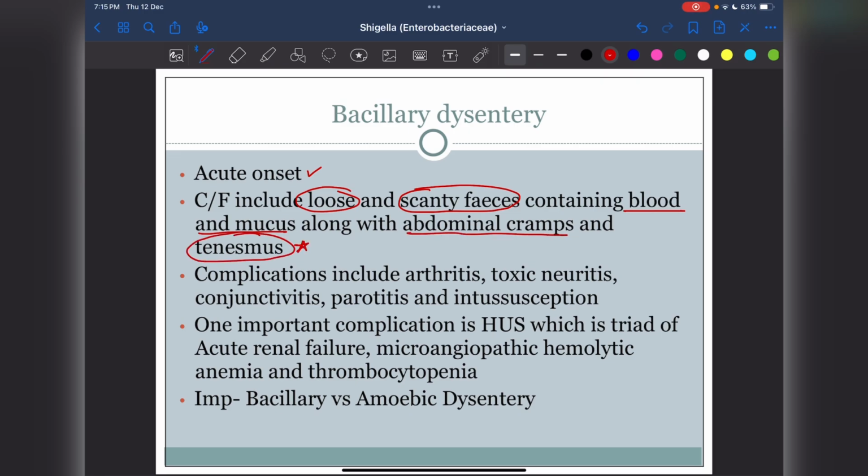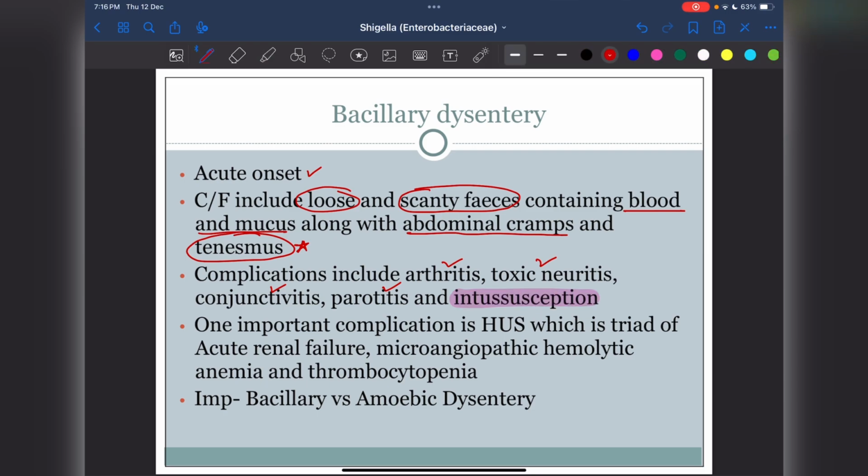If you don't know what tenesmus is, tenesmus is actually the feeling of needing to pass stools, but when you actually go to pass them, no stools come. So it is just a feeling that you have to constantly defecate, but when you go to defecate, there is no defecation. Complications can include arthritis, neuritis, conjunctivitis, peritonitis, but the main one that you should remember and write in your exam is intussusception.